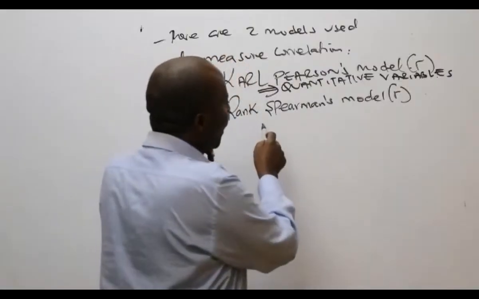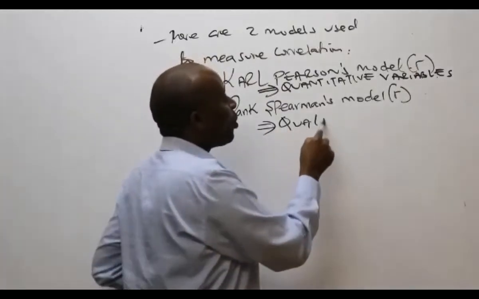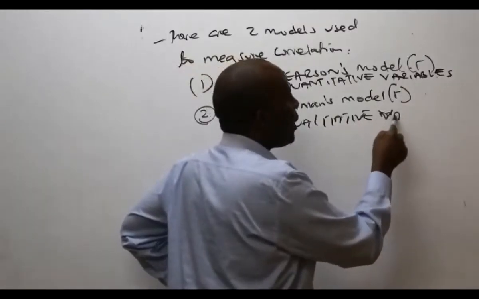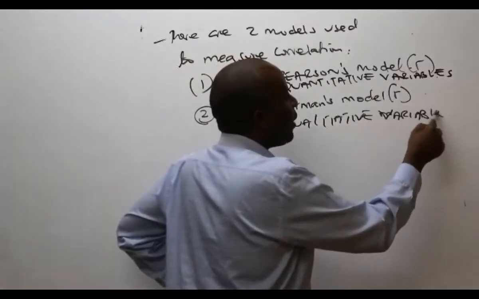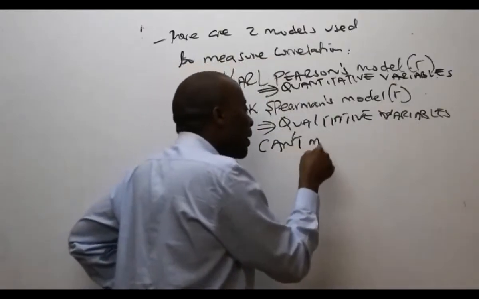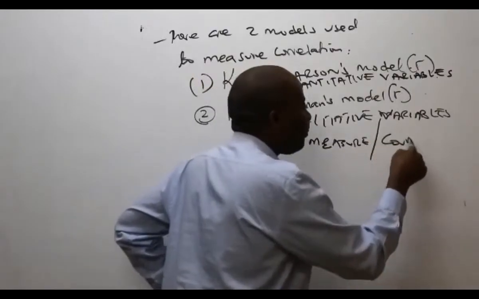How about Spearman's? We normally use the Rank Spearman's model, ladies and gentlemen, to capture what we call qualitative variables. Qualitative variables are those variables you cannot measure, you cannot count.